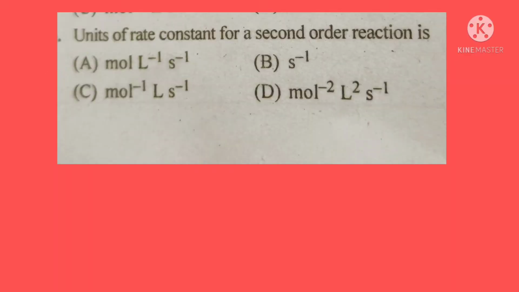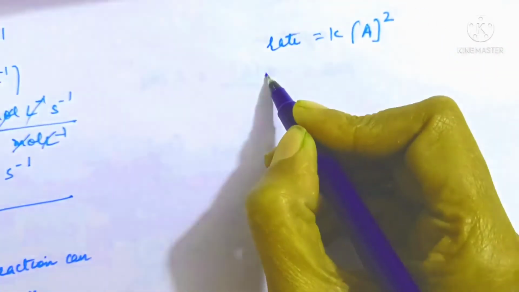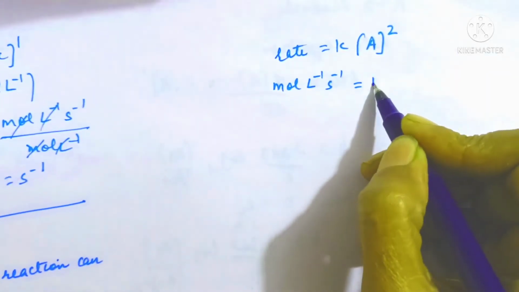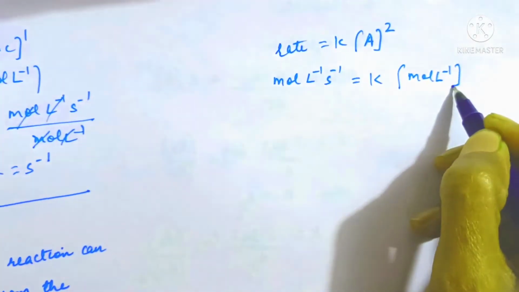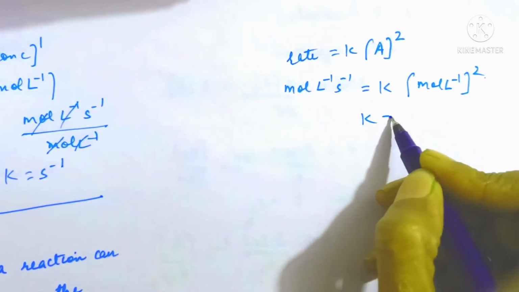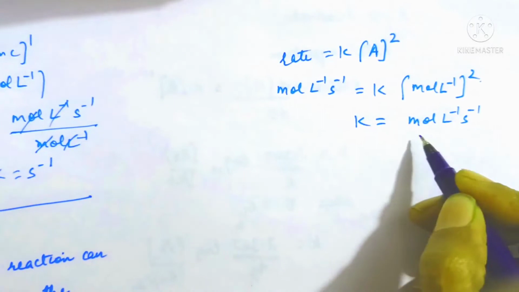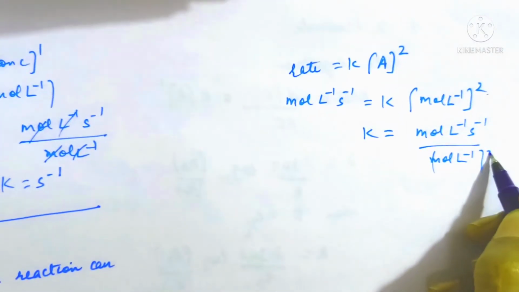Units of rate constant for a second order reaction is, for a second order reaction, rate is equal to K into concentration of reactant raised to power 2. Units for rate are mole per liter per second and unit for concentration is mole liter inverse raised to power 2. So units of K will be units of rate divided by units of mole per liter raised to power 2.